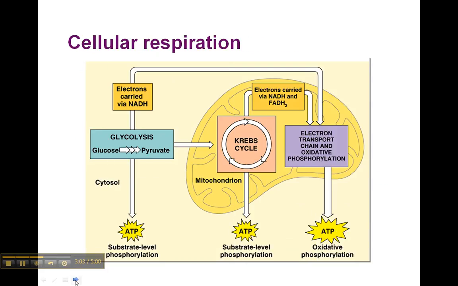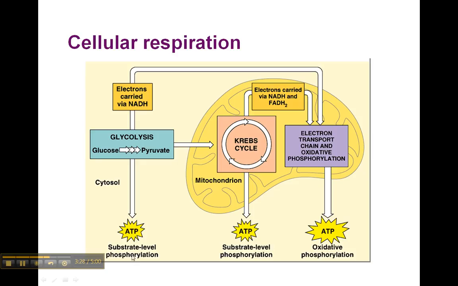But there are a lot of things that occur in conjunction with all of this, and that's what we're going to talk about. So, overview again: you have glycolysis, and this is in the cytoplasm. You have the mitochondria that consists of the Krebs cycle, the electron transport chain, and oxidative phosphorylation. You have ATP produced in all 3 parts.